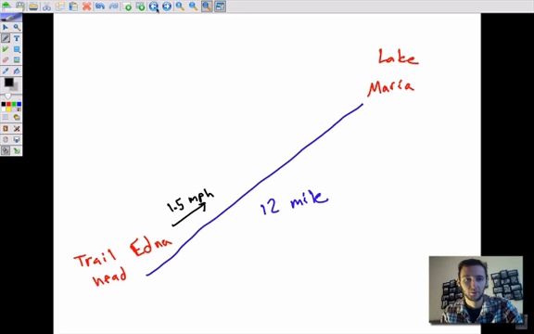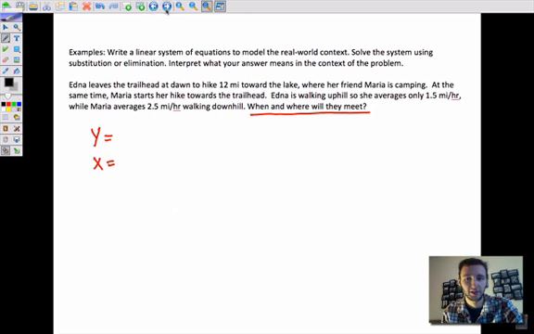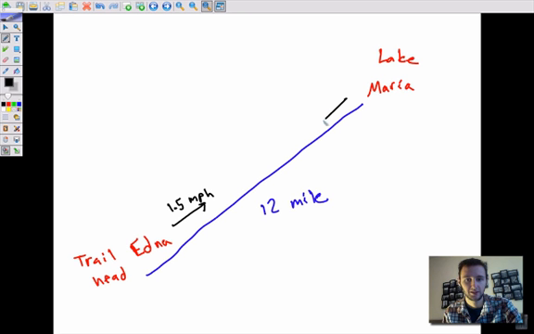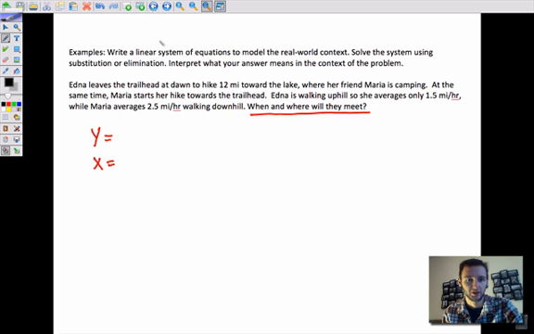We also know from the problem that Maria is heading from the lake to the trailhead, and she's moving at 2.5 miles per hour. And they're going to meet somewhere here in the middle. We don't know where they'll meet or how long, and that's what we need to find out. So that's the question that we're dealing with now. We need to know when and where.